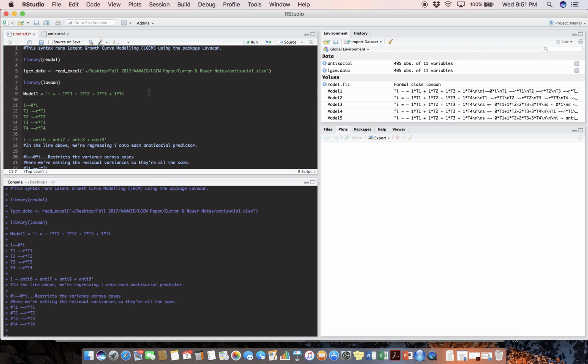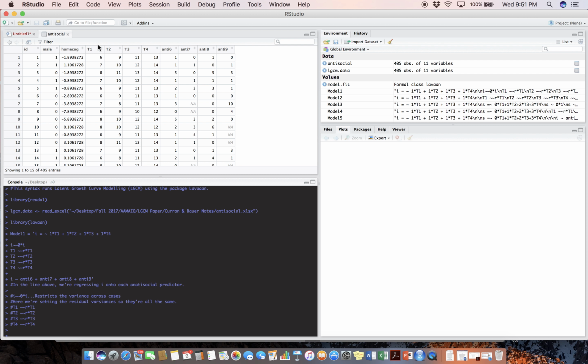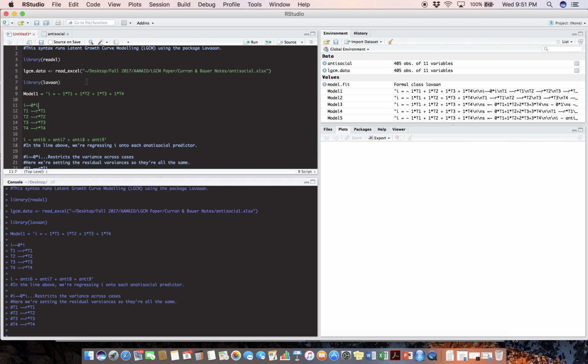My data set has 4 time points, and so we have 4 associated antisocial behavior measures, and this data set was adapted so it doesn't quite fit, but it'll fit with the context of this example.